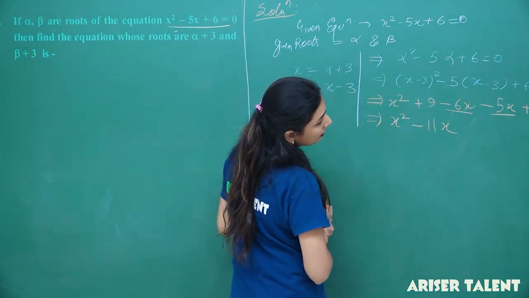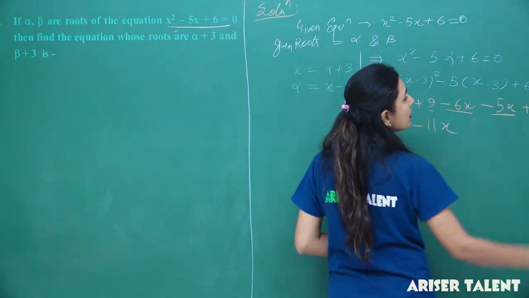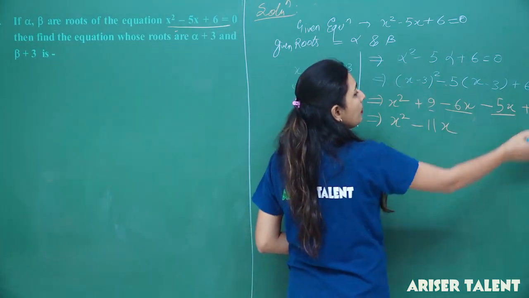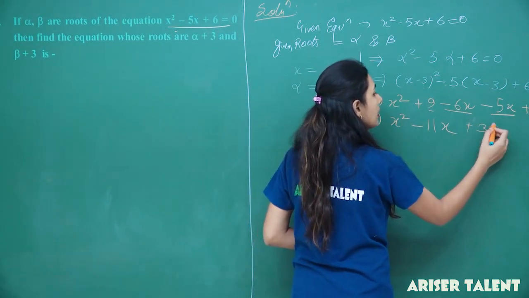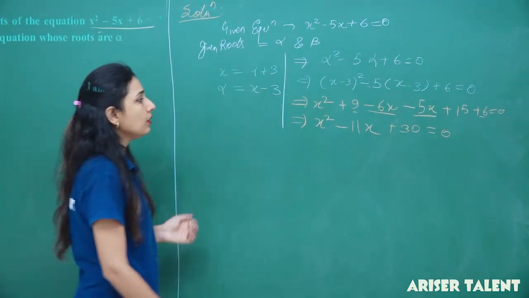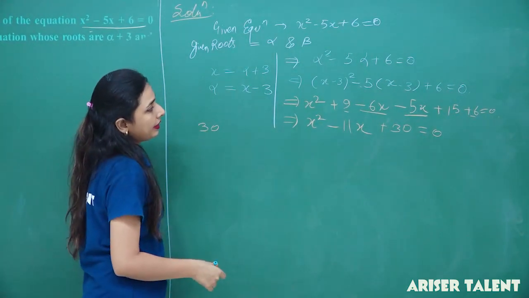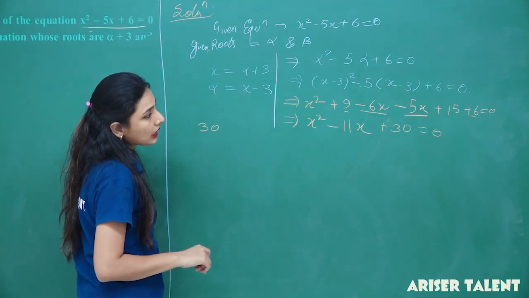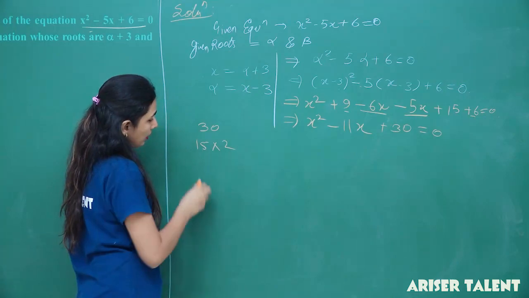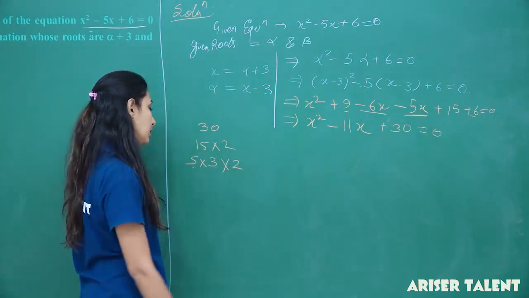Now 9 and this 6, this is 15, and 15 plus 15 is 30, equals 0, right students? Now 30, what can be the factors? 15 multiplied by 2, 5 multiplied by 3 is 15, multiplied by 2 is 30.